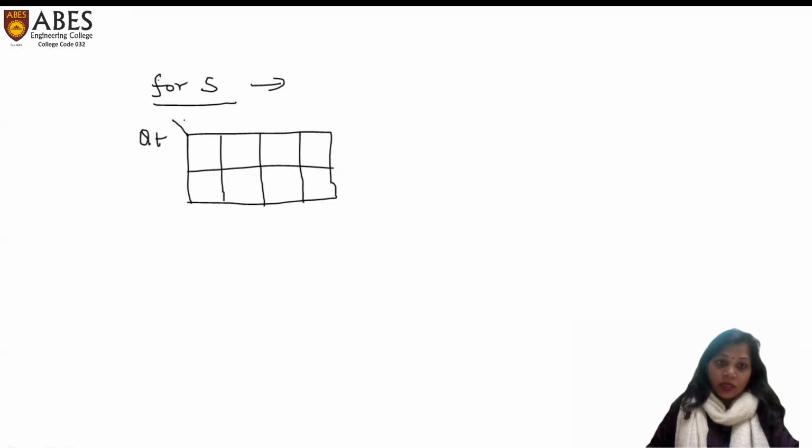Here Qt is on one side and J and K on the other side. The values for S are 1, 1 here. For 1 0 0 it is 1 and for 1 1 0 it is 1. So the group will be this. For the K-map of S, the value of S is equal to J Q bar.